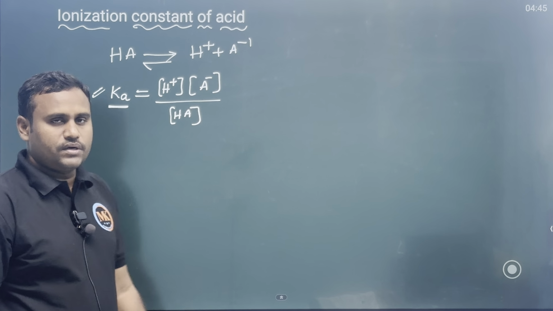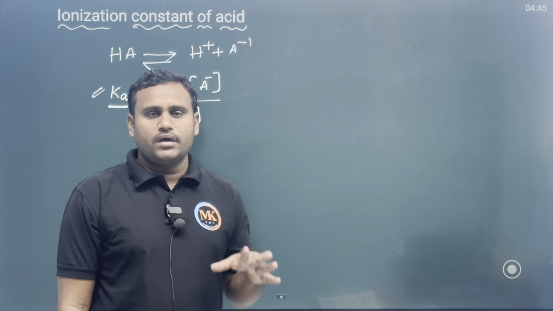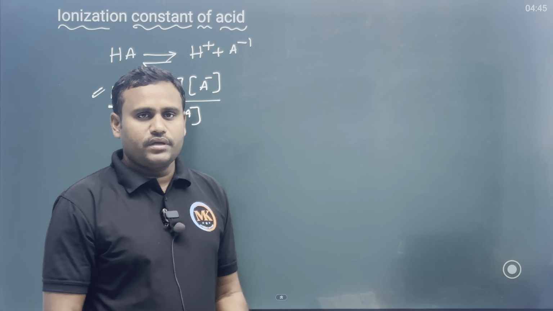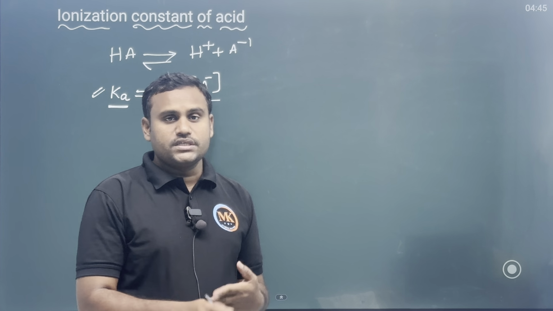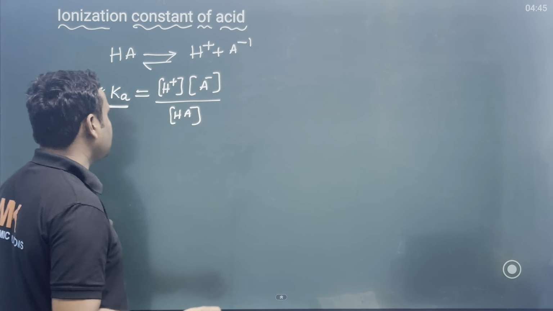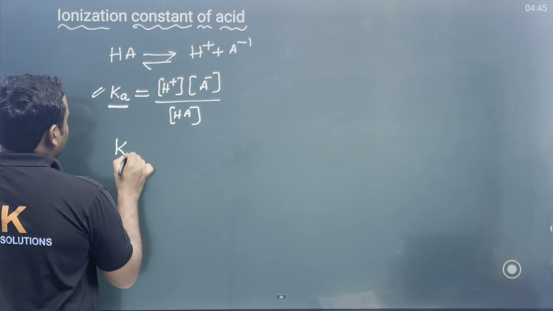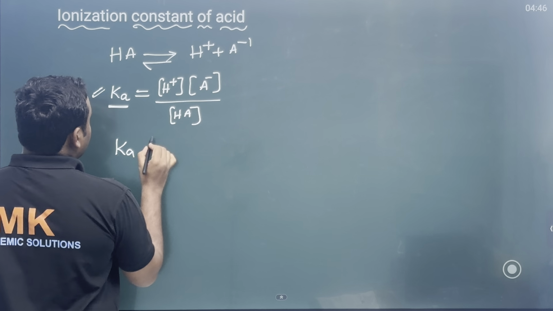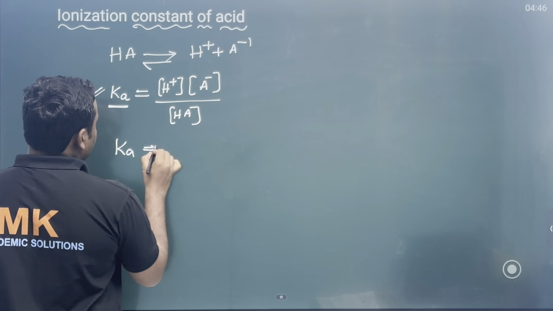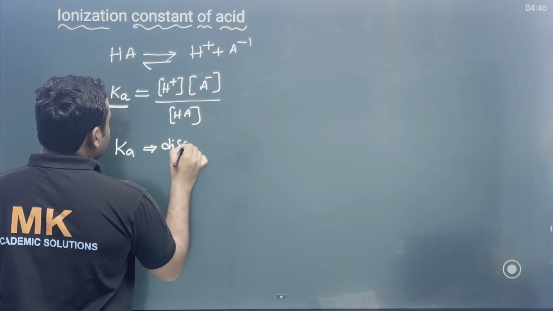The same manner we are going to write. Instead of Kc, we are going to take Ka here. Okay. So here Ka represents the dissociation constant of acid.